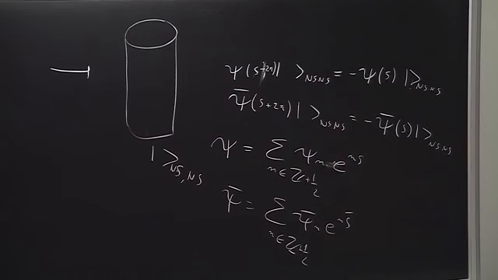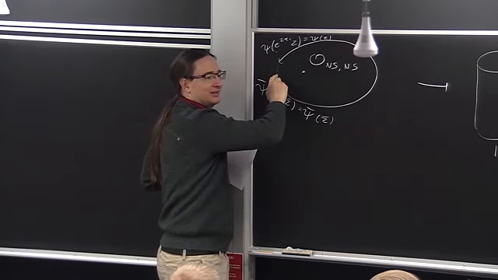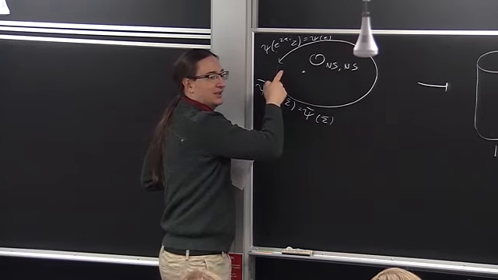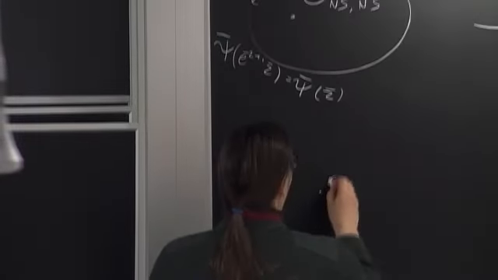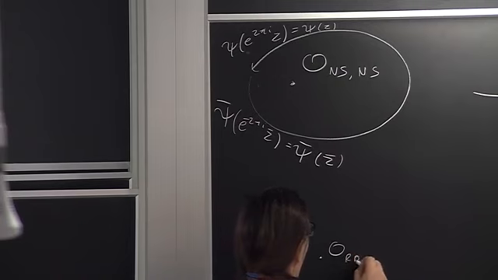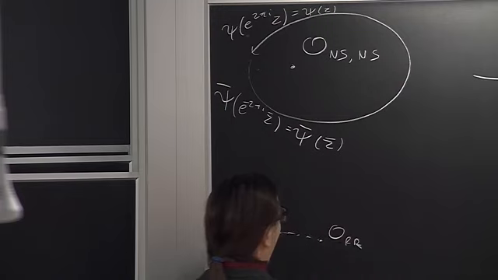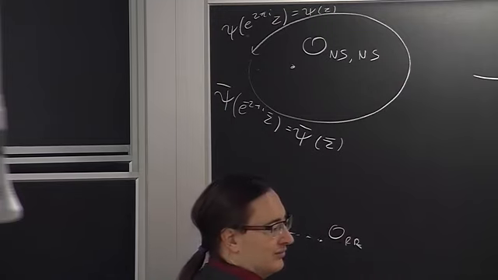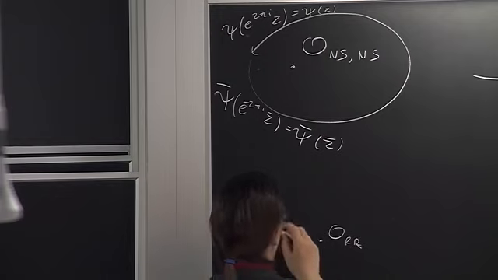Why isn't this always true, since e to the 2 pi i is just 1? What this really means is they take psi and analytically continue it around this path, and it comes back to itself. If I look, say, at a Ramond sector operator, as you remember, it lives at the end of a cut in the original theory of fermions. So around it, when psi crosses this path, it gets a minus sign.